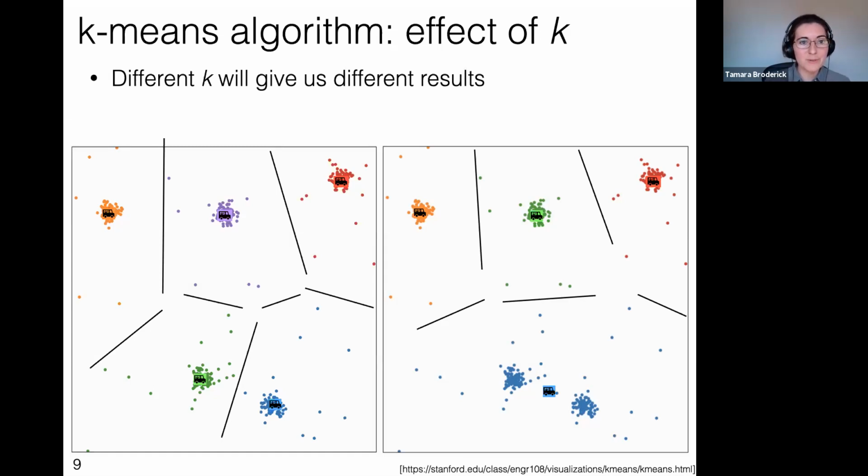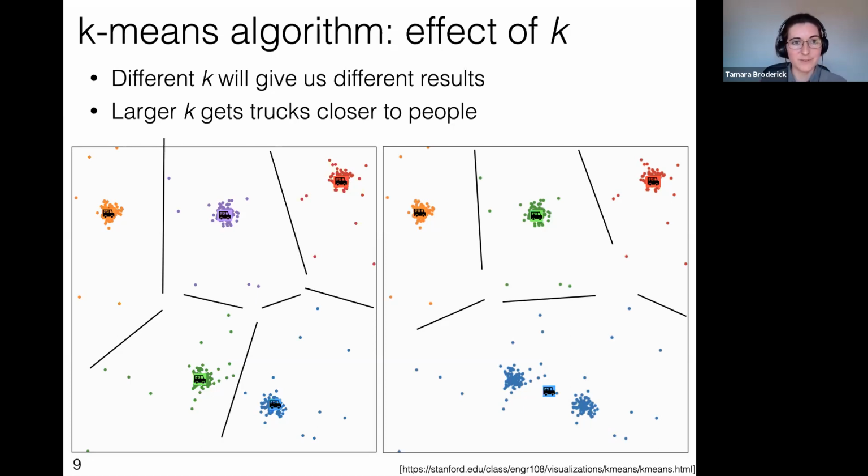This is why, if we were this agency and had more money, we'd like to spend it on more trucks so that we can reach out to more people. So we see that a larger K, having more trucks, gets them closer to people. In general, if we're not thinking specifically about trucks and food service, having more K, more cluster centers, more clusters, allows the clusters to be smaller, to be more compact.